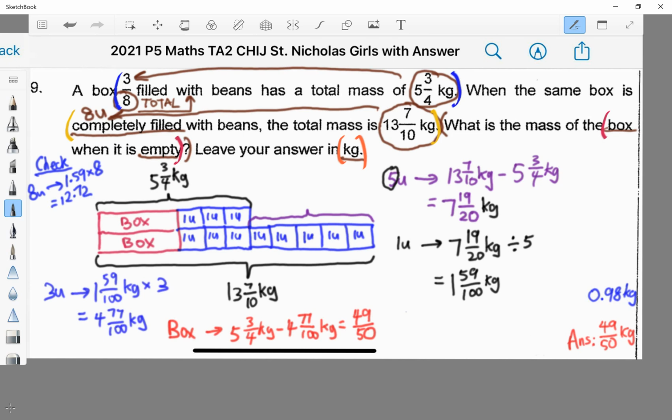And I realized that my box, which I'm going to write over here, can also be 13.7, which is the decimal form of 13 7 out of 10, take away 12.72, which is the mass of 8 units of beads. So 13.7, I subtract away 12.72, lo and behold, I managed to obtain 0.98, which is the same as 49 out of 50.